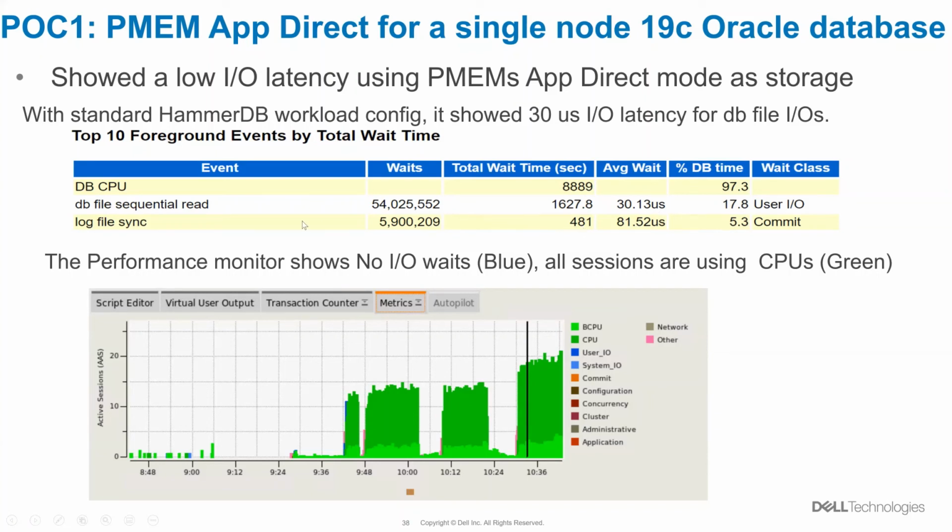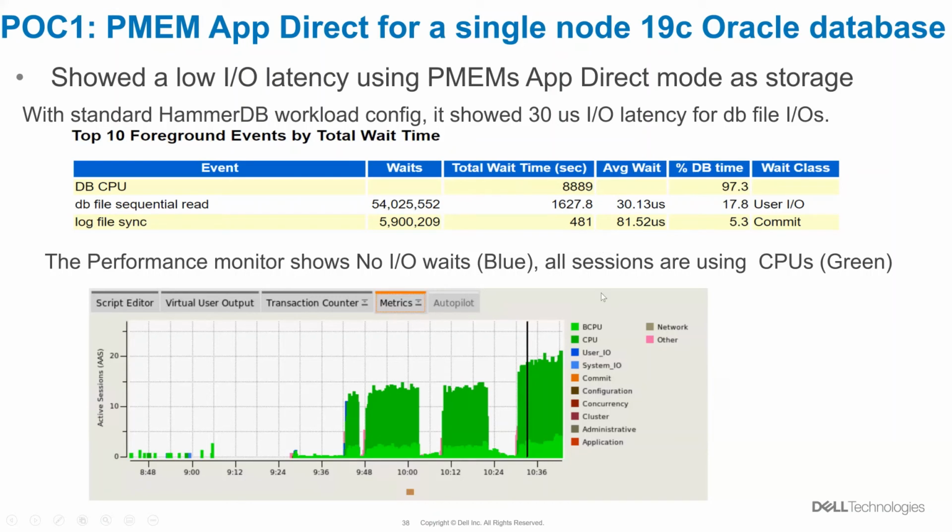Similarly, we are able to cut from 11 milliseconds to 81 microseconds. That is almost 11,000 microseconds to 81 microseconds. That is more than 100 times. So this proves that by storing the Oracle database files in PMem, we can significantly cut the I/O latency.